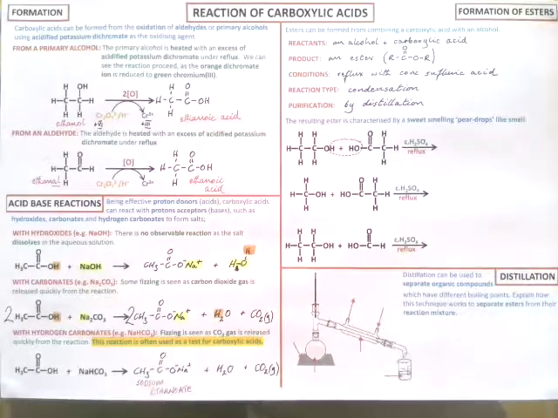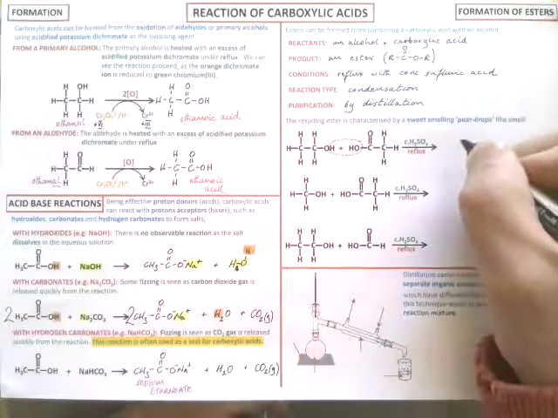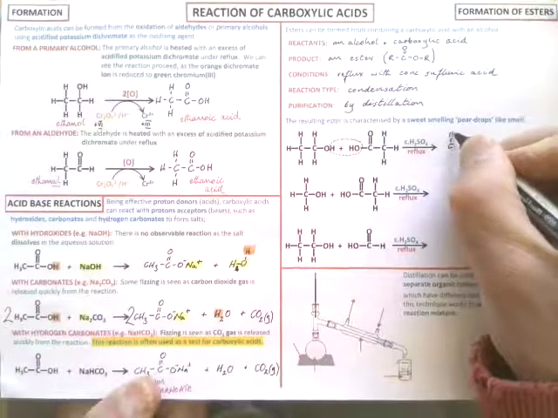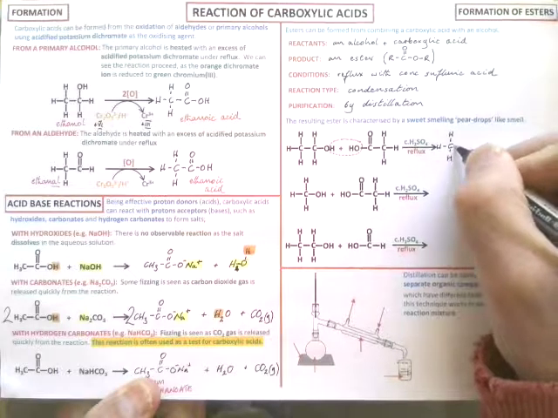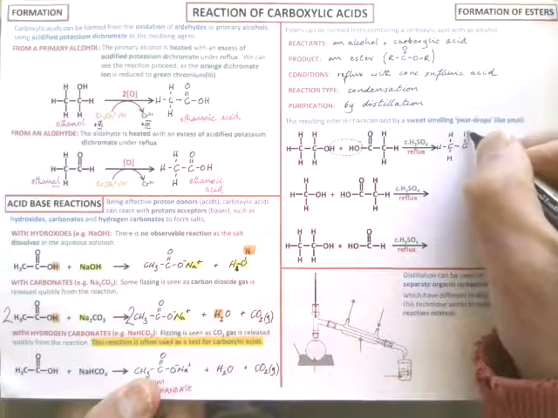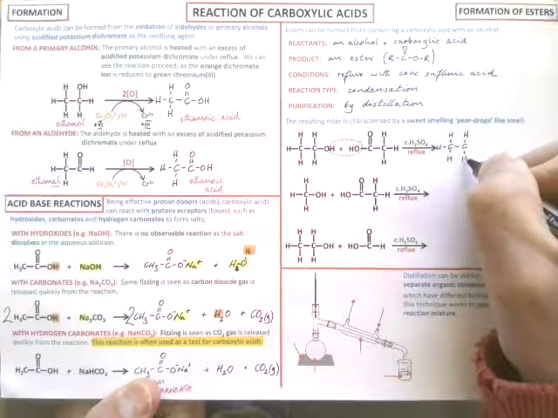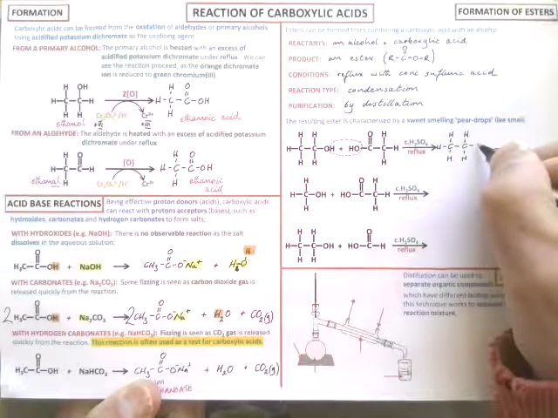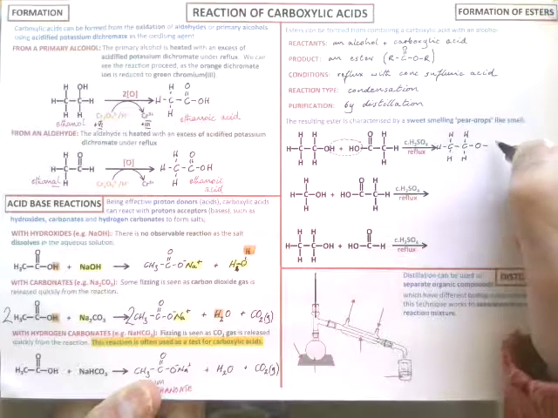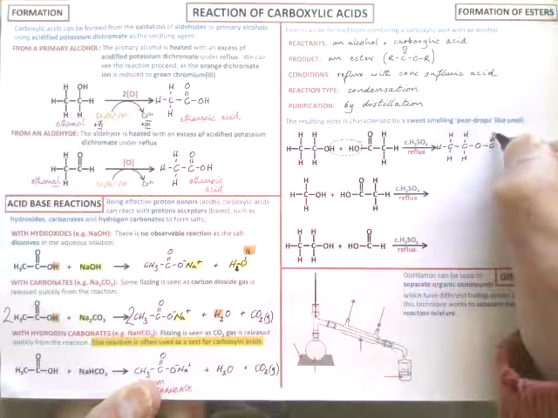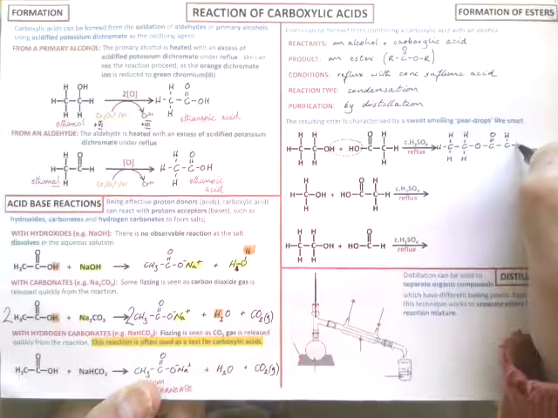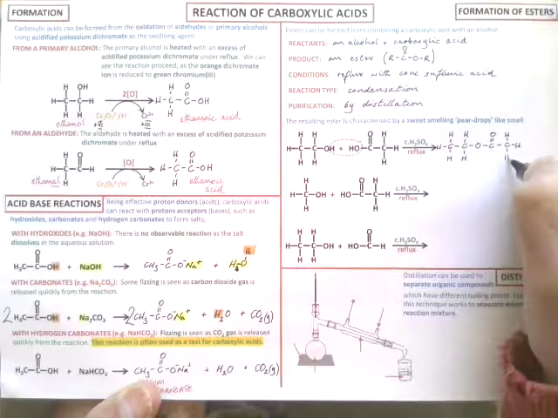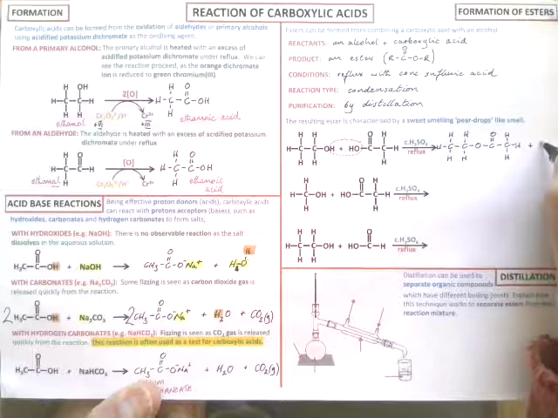So for this particular case, we'd have the ethanol part first, but it's not ethanol anymore because it's about to lose the H. So the O is now bonded straight onto that C double bond O, and we've also formed water here.